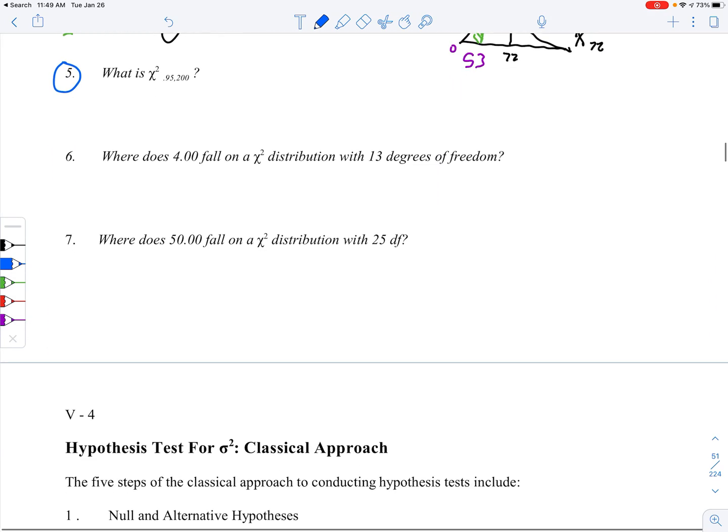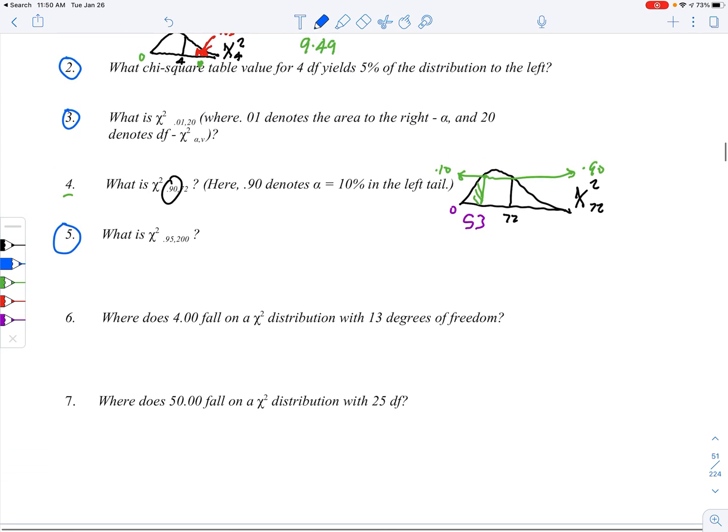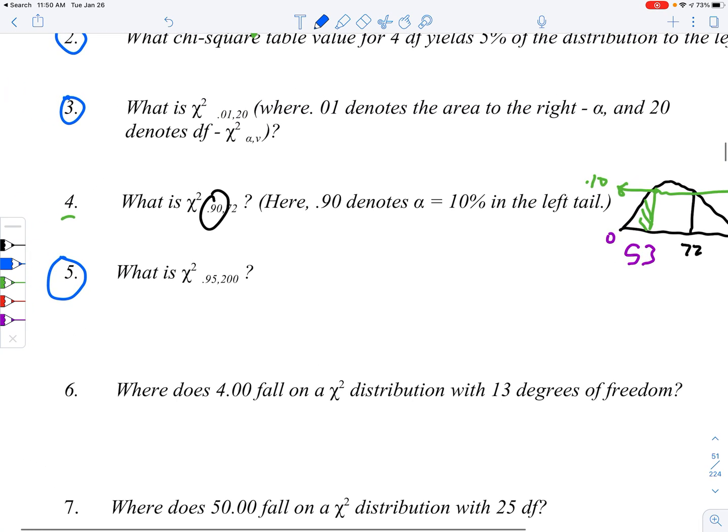So in other words, let's take a look here. This is number 5, chi-square 0.95, 200 degrees of freedom. Of course, the 200 is large. It's greater than 100, so we can't go straight to a chi-square table. But what we notice is that this is 0.95.